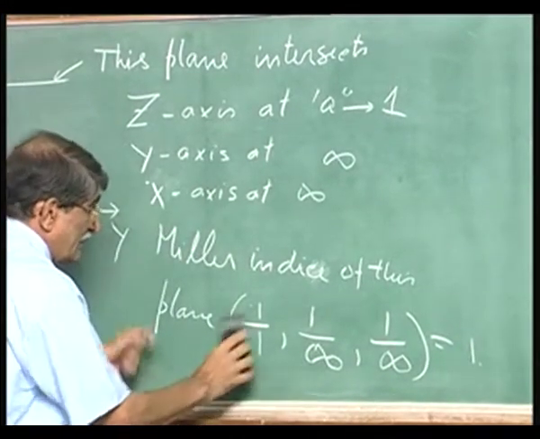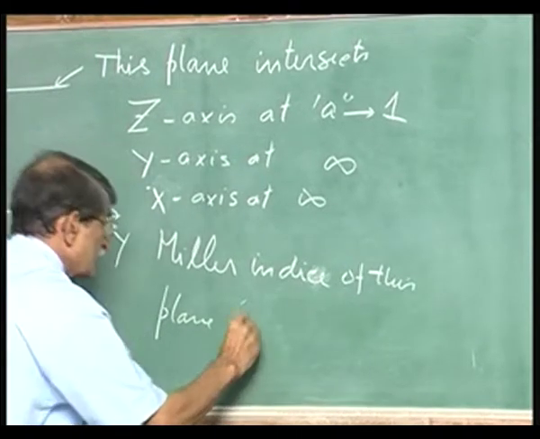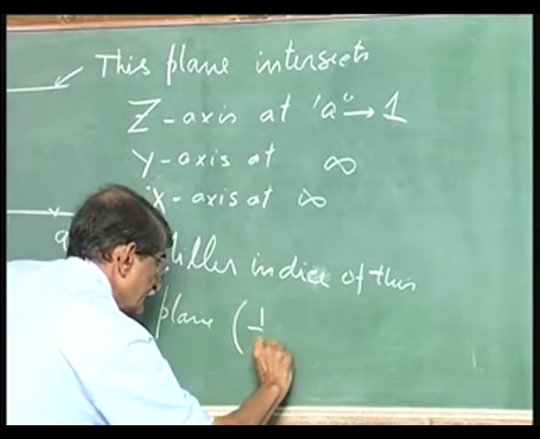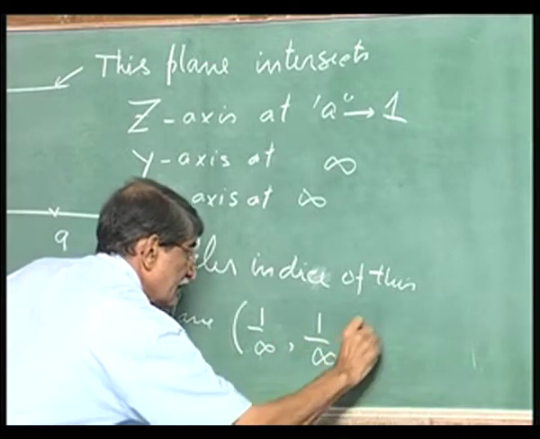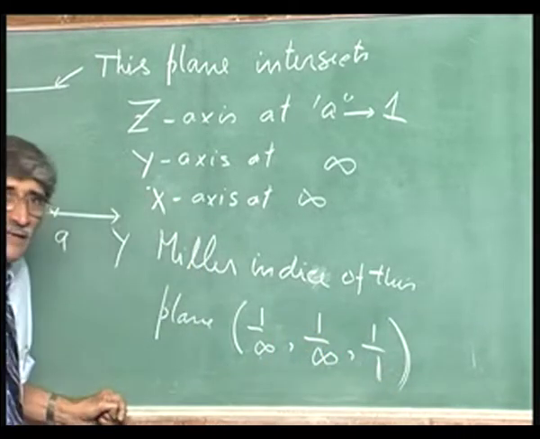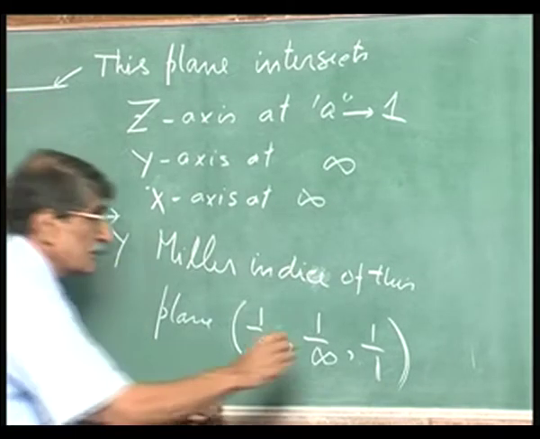Sorry, this particular thing is different. Write it again, x is 1 by infinity, y is 1 by infinity, z is 1 by 1. So, this plane actually will be equal to 0, 0, 1.